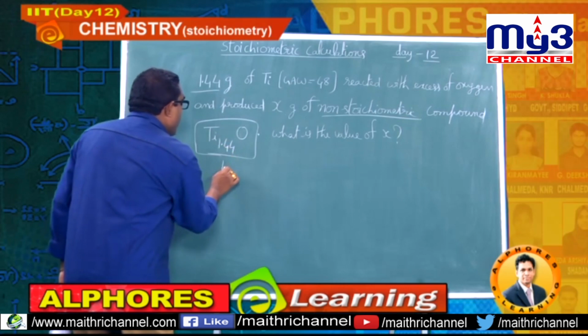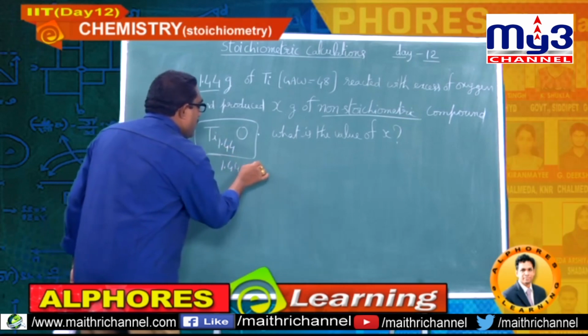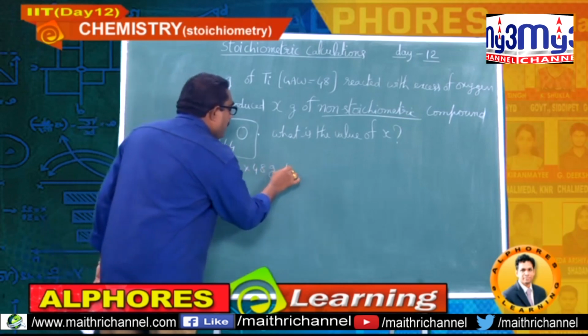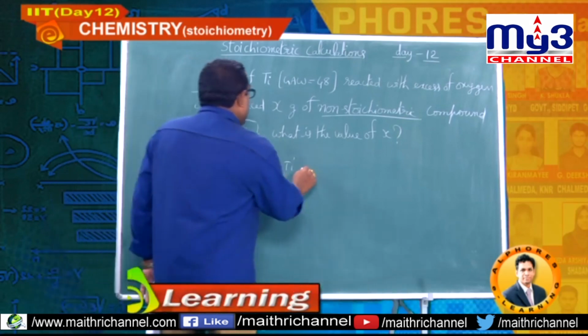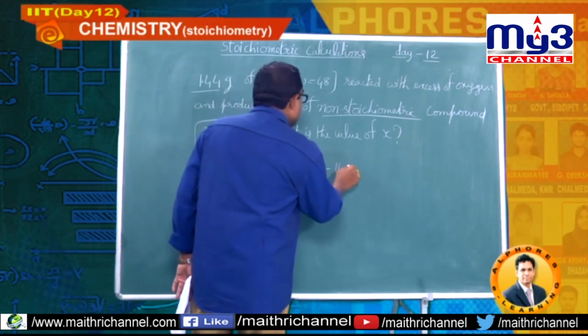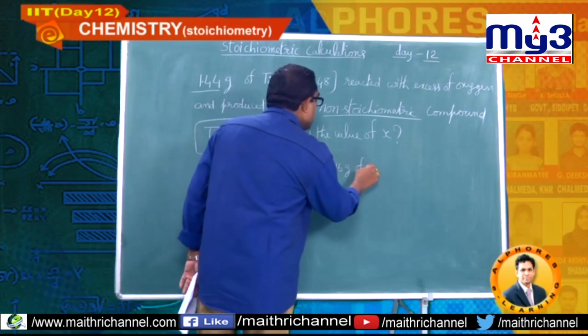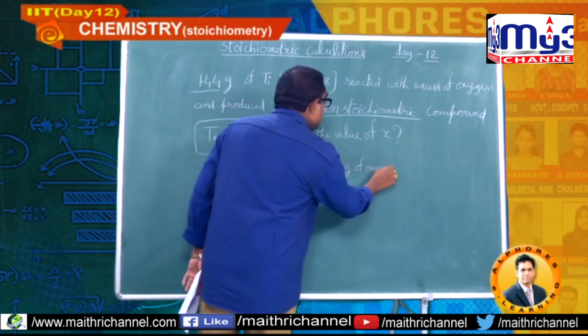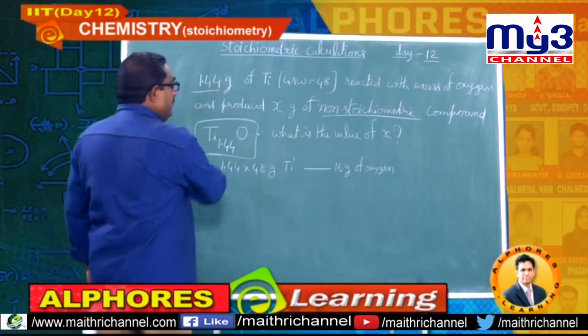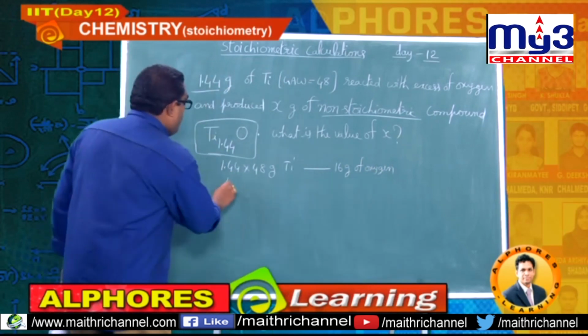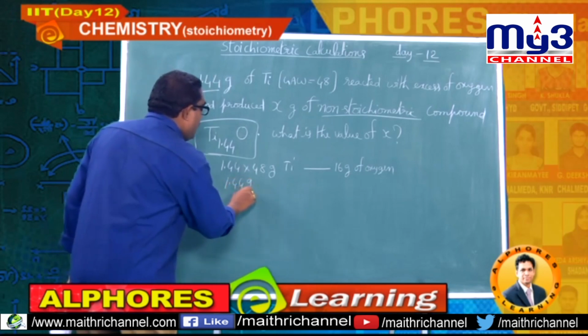So 1.44 into 48 grams of titanium combines with 16 grams of oxygen. That we can write.